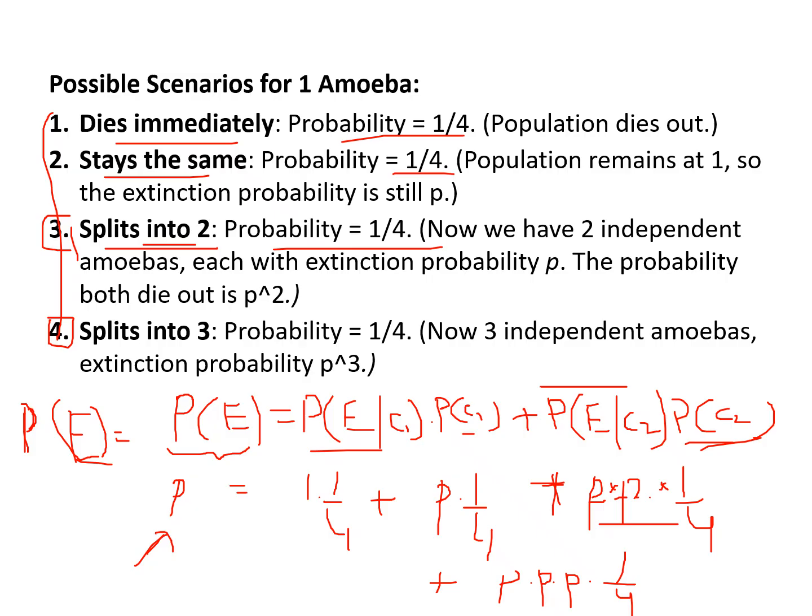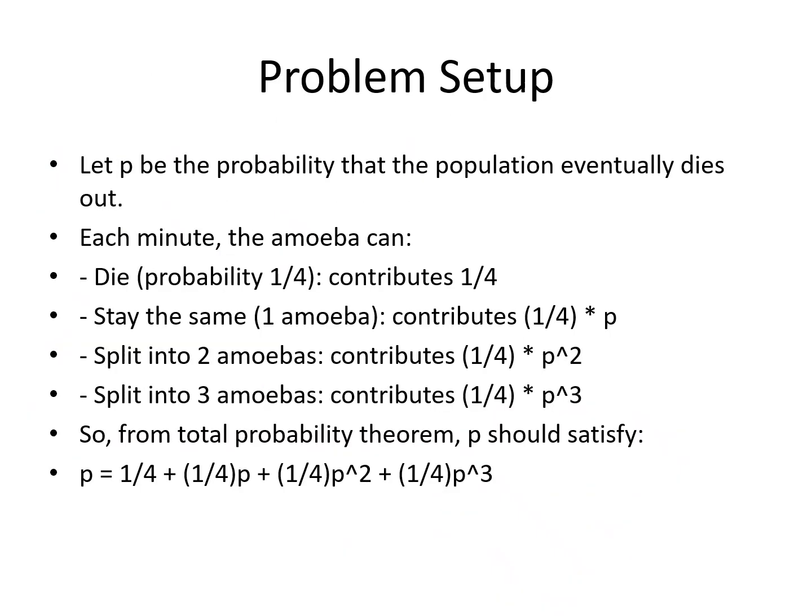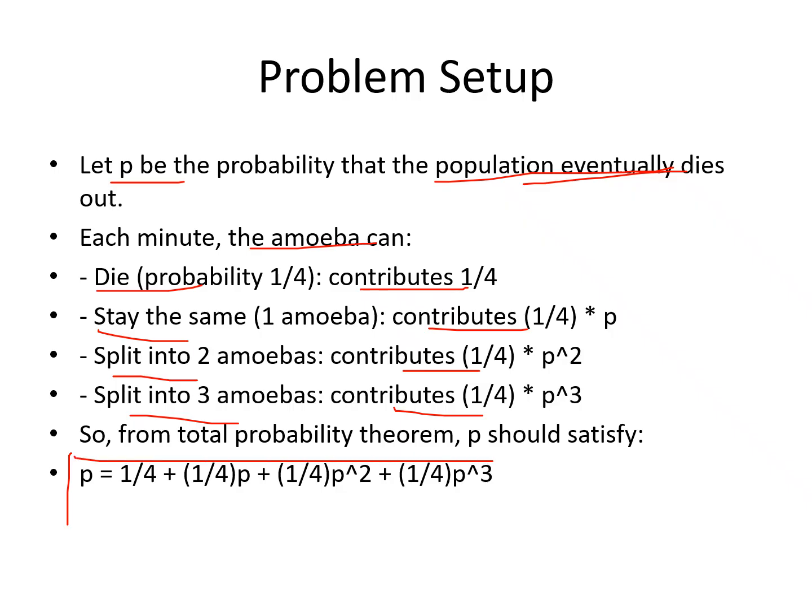So let's see. As we saw in the previous slide, we assumed P is the probability of extinction. Each minute, the amoeba can either die out, stay the same, split into two or split into three. Each of these cases happen with a probability of 1/4. So as we saw from total probability theorem, we can write P as a sum of these conditional probabilities.